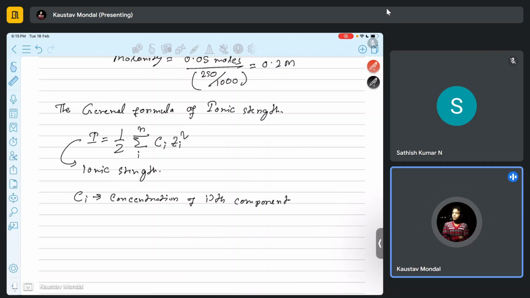So in order to calculate the ionic strength of the whole solution, you have to take into account all the components that are present in the solution. Okay, so Ci denotes the concentration of the ith component in molar units. You have to be careful about the units. That means mole per liter.